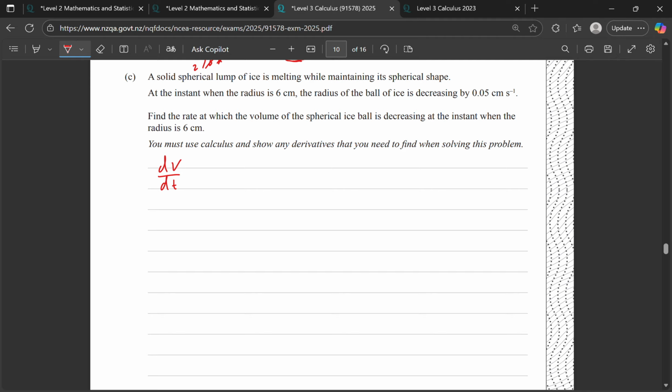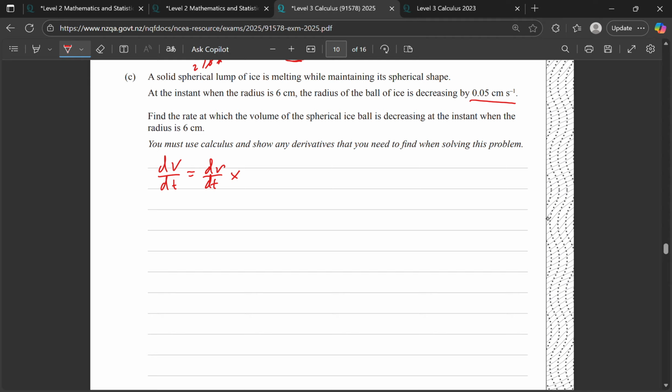To be able to achieve this aim, we need to use what we have. dr/dt is given, isn't it? So dr/dt, we have to use that.